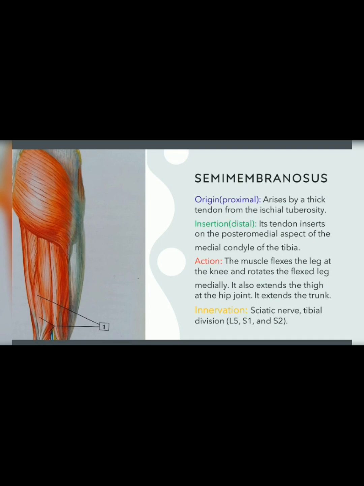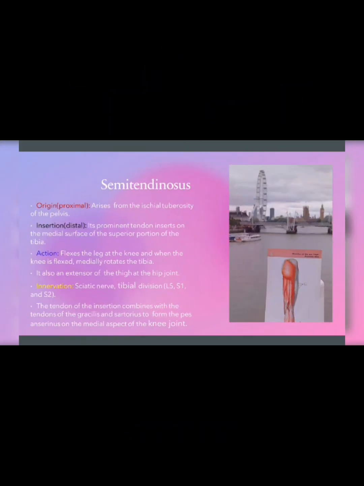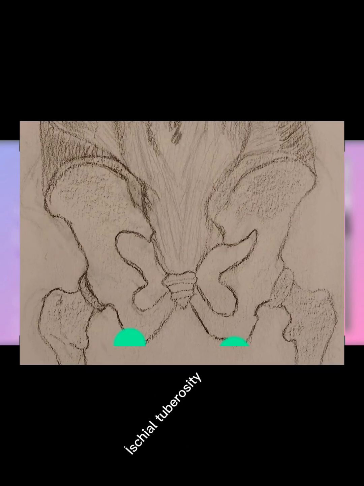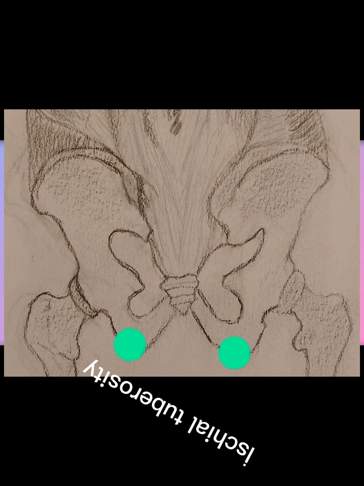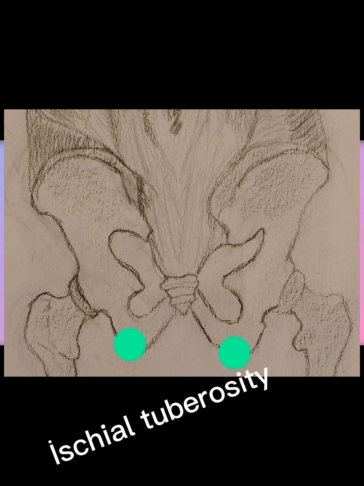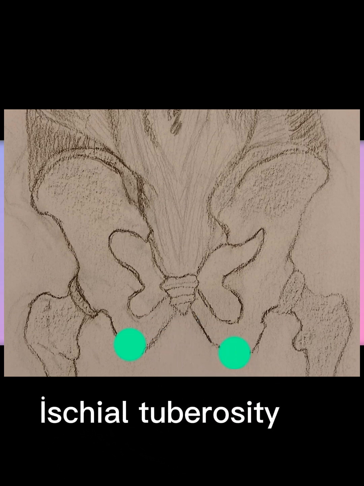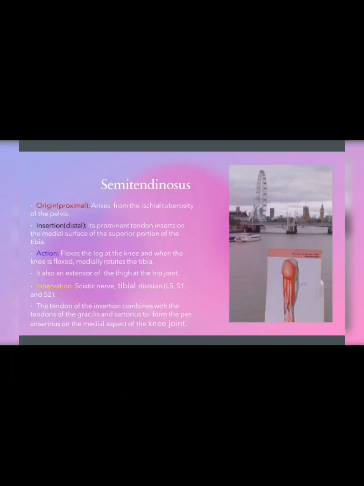And the last muscle is semitendinosus. Origin: arises from the ischial tuberosity of the pelvis. Insertion: its prominent tendon inserts on the medial surface of the superior portion of the tibia.